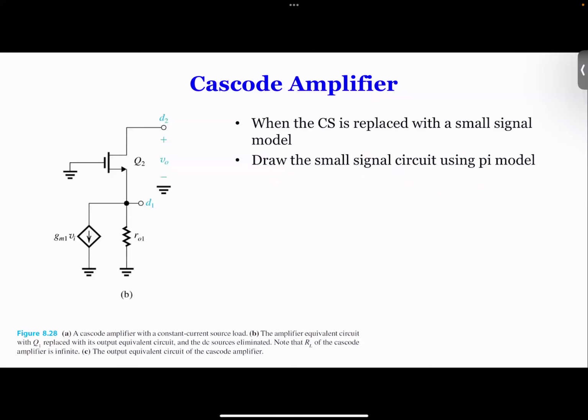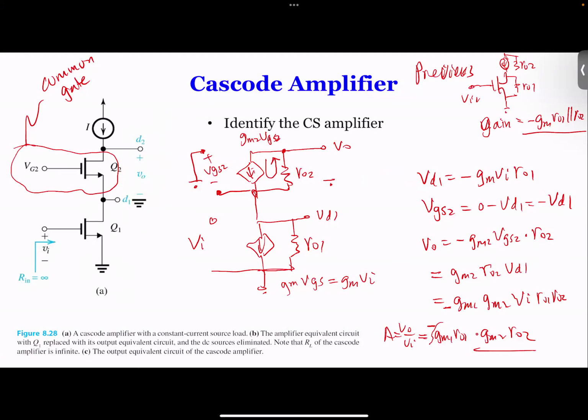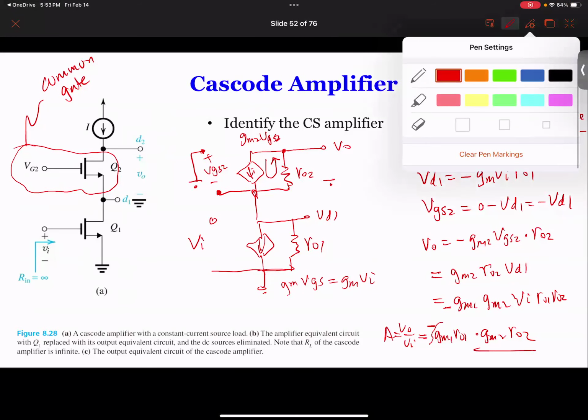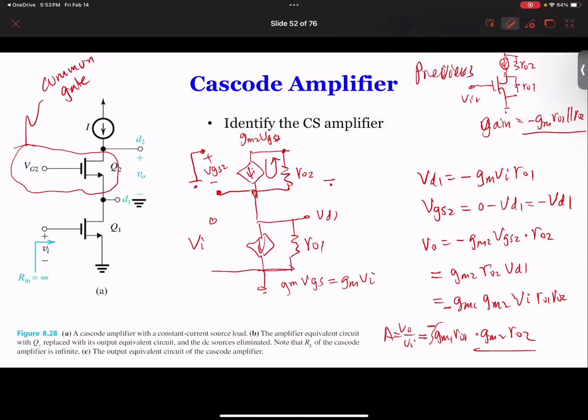Oh wow, I know what's wrong. Sorry guys, I made a huge mistake here. I'm terribly sorry. No, this is wrong. VO is not here. So VO is here.